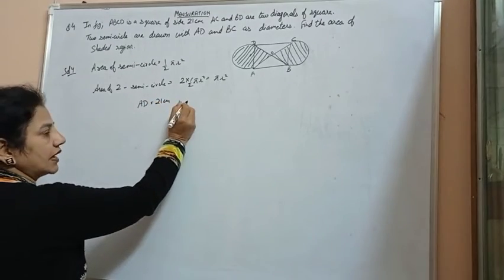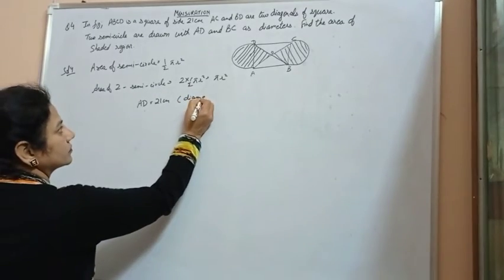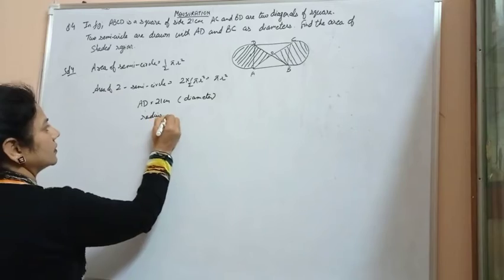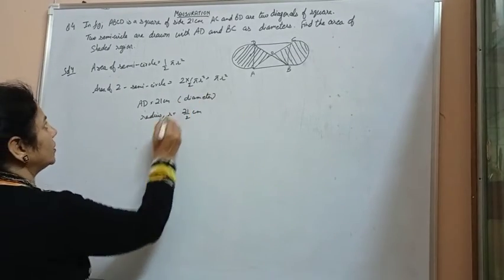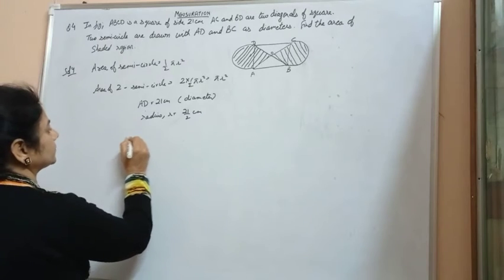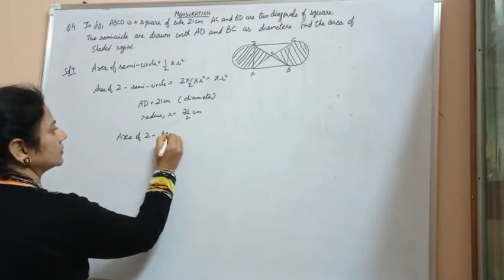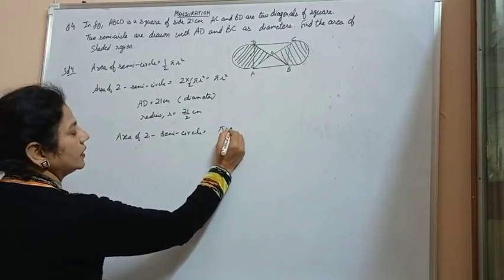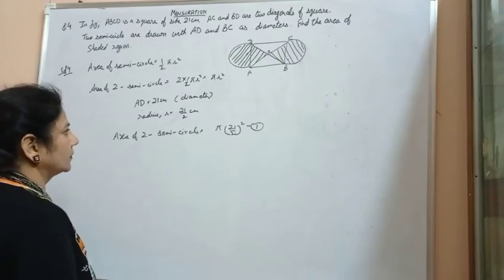Therefore radius r will be 21 by 2 centimeter. So the area of two semicircles will be pi into 21 by 2 whole square. This is my first equation.